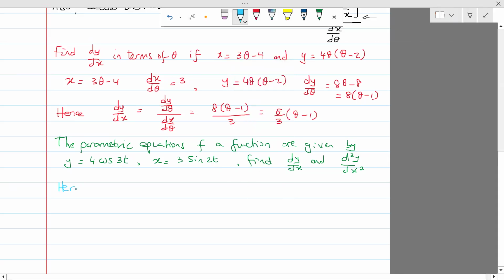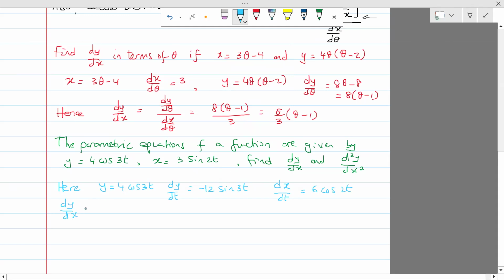So here I will say y equals 4 cos of 3t. What is dy by dt? I'm going to have minus 12 sine of 3t. What is dx by dt? This 2 comes here, 6 cos of 2t.